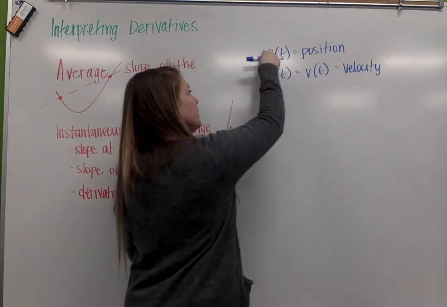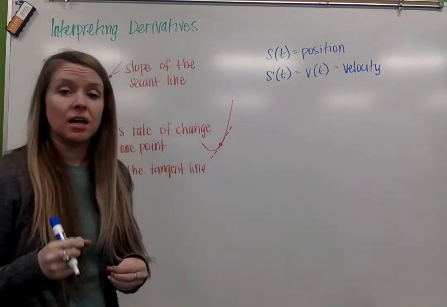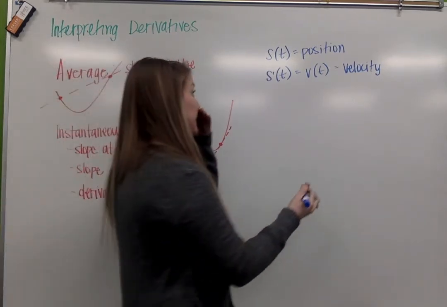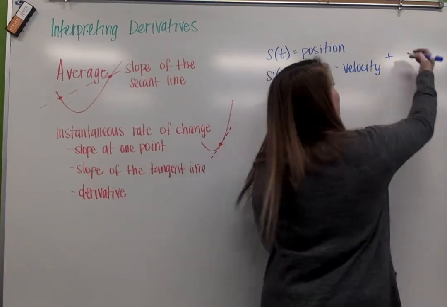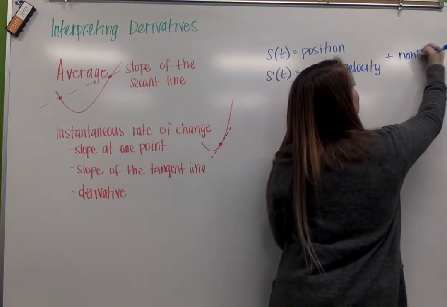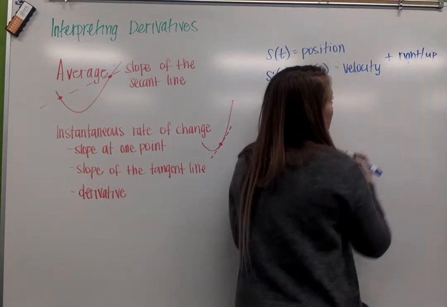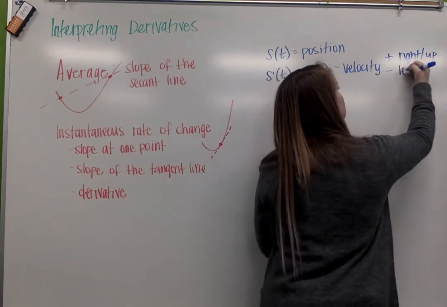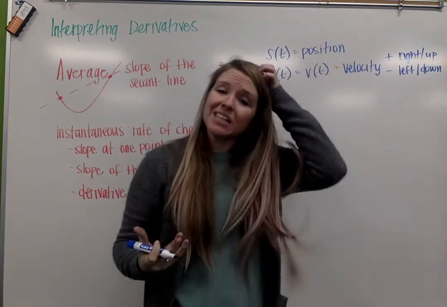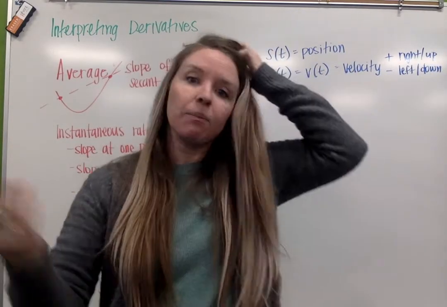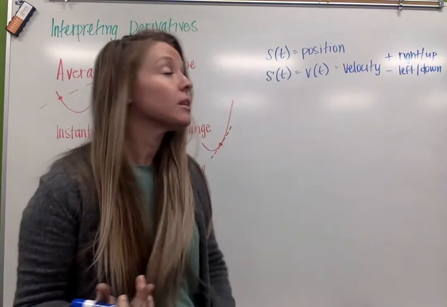So the first derivative of position is the velocity of our particle, our movement. If it's a positive velocity, that's telling us direction. That's like we're moving to the right or we're moving up. If it's negative, this means we're moving to the left or down. And again, it just kind of depends on what our particle is doing, how it's moving.